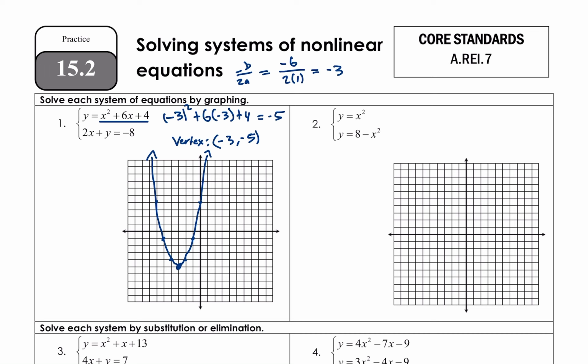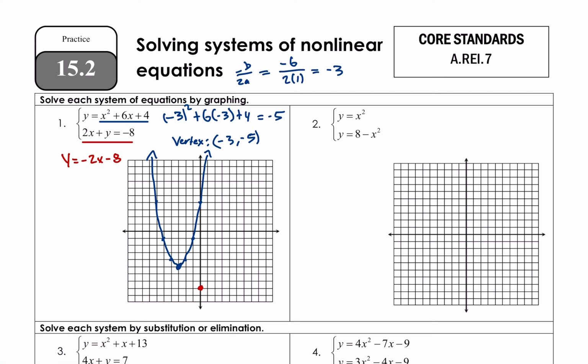And then to graph our second equation, we want to put this into slope-intercept form. That's when y is all by itself, so I'll move that 2x over to the other side. So y is equal to negative 2x minus 8. To graph this, I'll do my y-intercept, which is negative 8: 1, 2, 3, 4, 5, 6, 7, 8, right here.